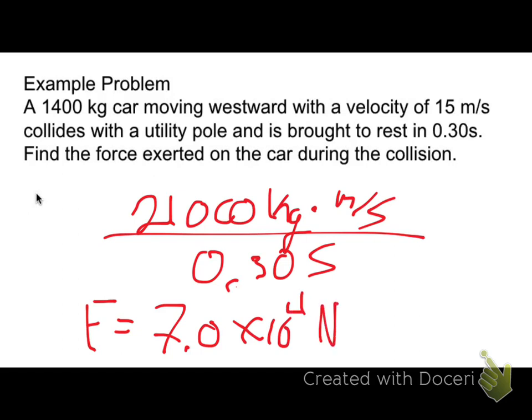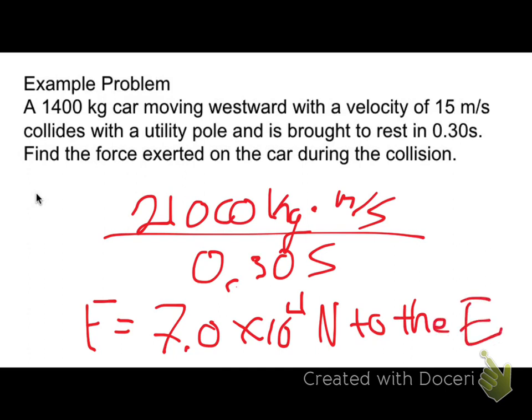And then because this is a vector, we need a direction, and since we know the car was moving westward, the force to stop it must have been moving in the opposite direction, so we would say to the east.